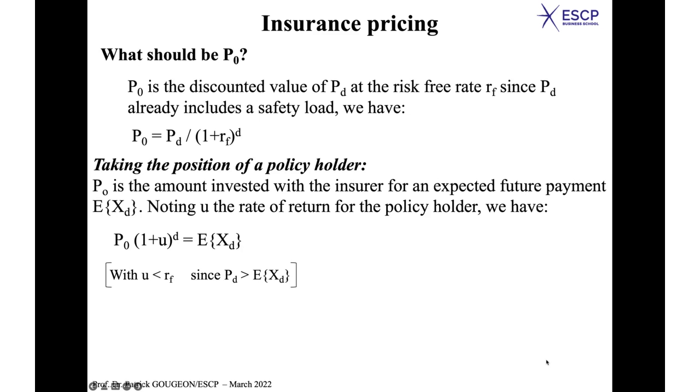And since PD is higher than E of XD, we necessarily have a return U which is lower than the risk-free rate. I'm not going to demonstrate it, but you could verify this, or you can believe me, which will be simpler. But you could verify it by yourself very easily.